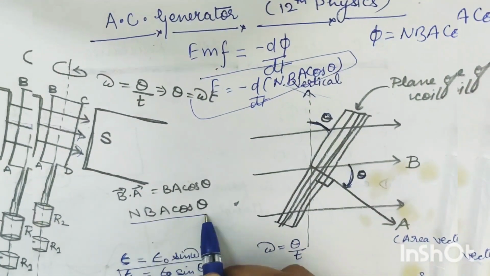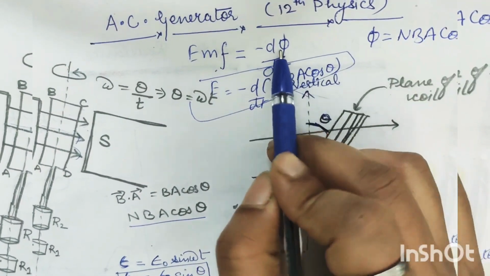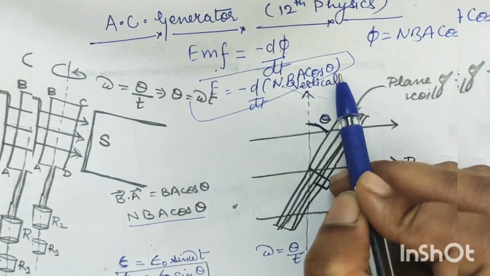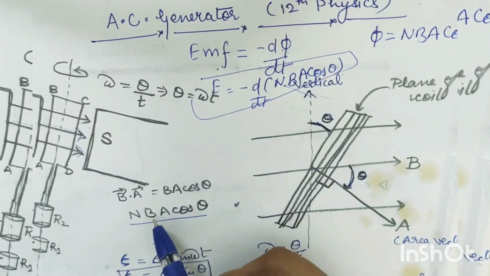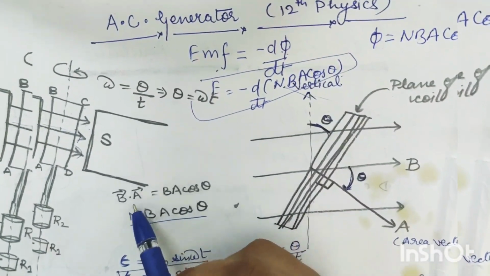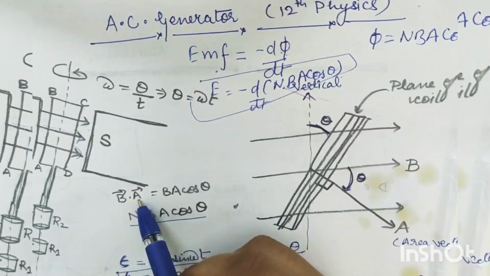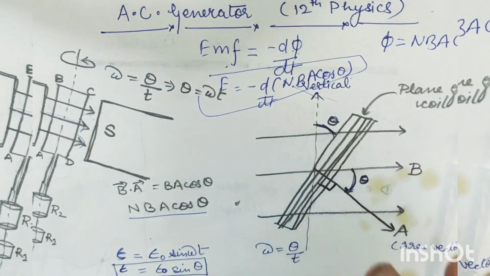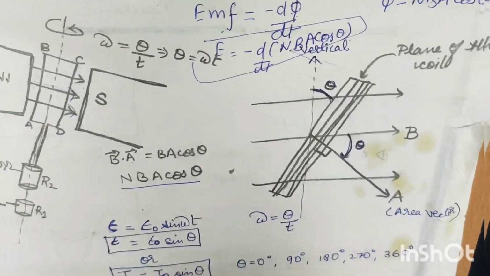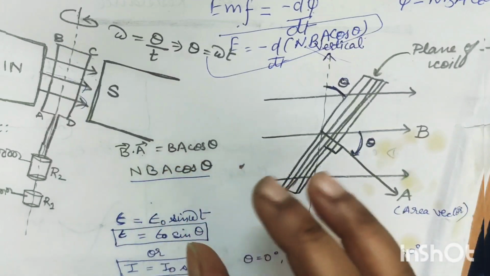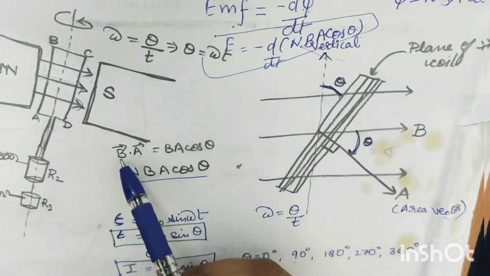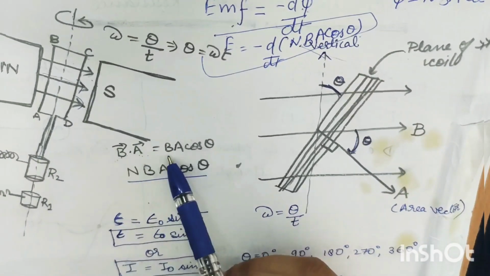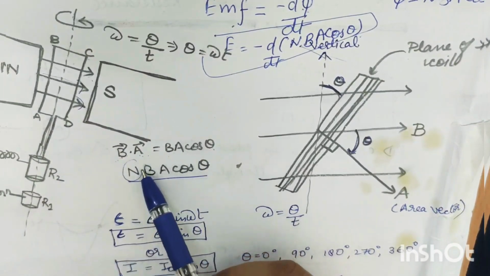I have written it here also, so you can put this value in place of phi in d phi by dt and you will get the value. This B is the magnetic field and this A is the area vector. To explain the vector quantity associated with the flux, I have written here vector B dot vector A. These two are vector quantities and it is given by BA cos theta, and N is the number of turns of the coil.